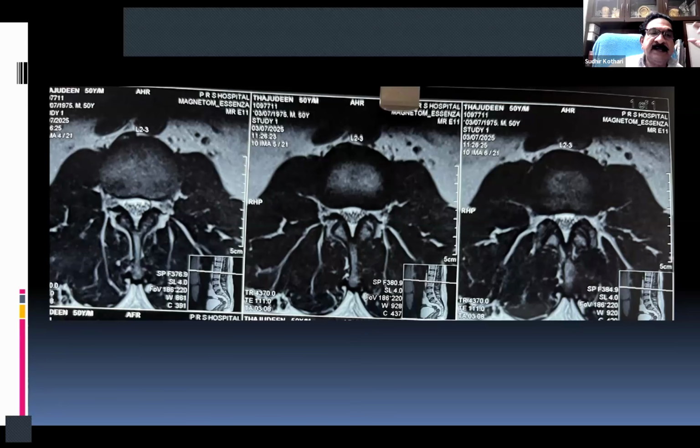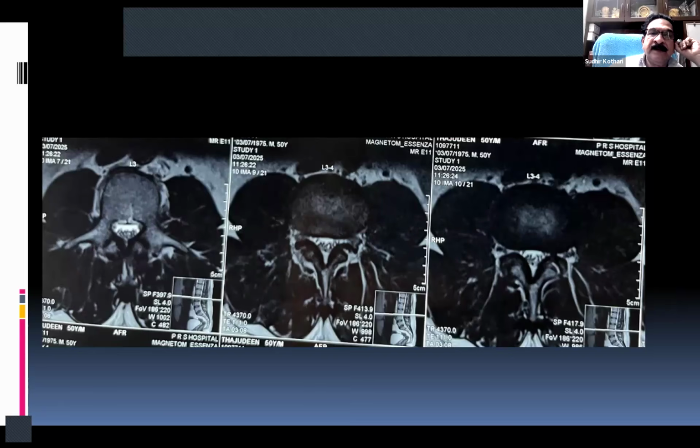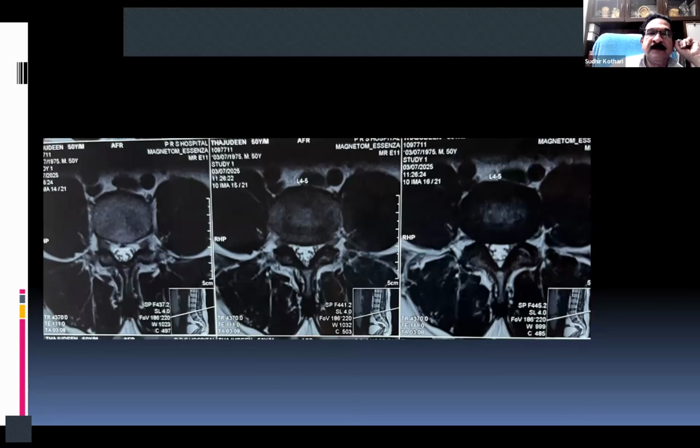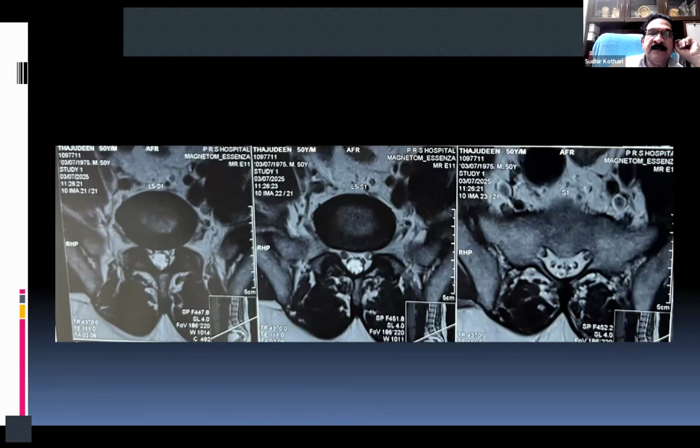A thin cut at that level, three pictures are coming, they're all normal. L3, L3-4, again normal. Again, thin cut was taken, L3-4, normal. L4-5, L5-S1. This is the sagittal cut, axial cut. What do you want now?